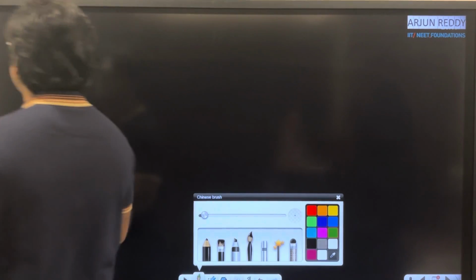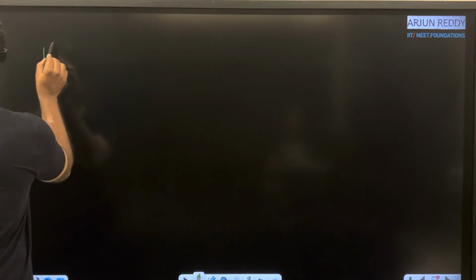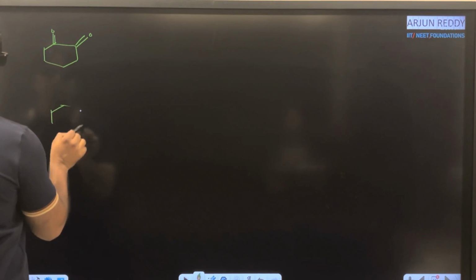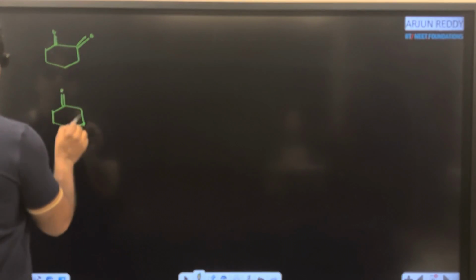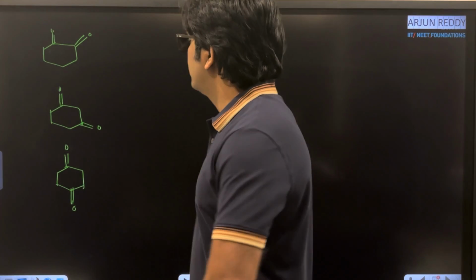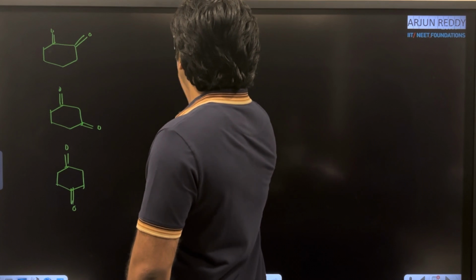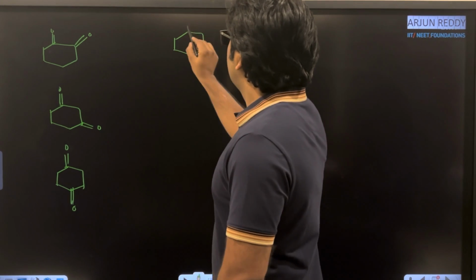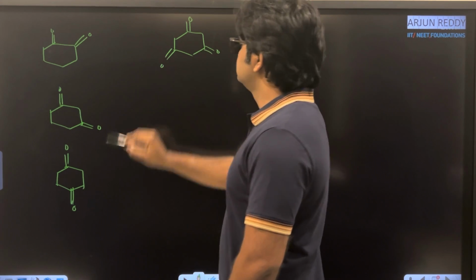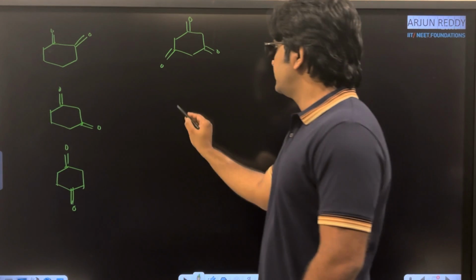Using a 6-member ring system, here I am taking 2 carbonyls like this, C double bond O and C double bond O, at the 1-2 position, and even sometimes they are giving 1-3 position and 1-4 position also, right? Next one we can write like this, double bond O and double bond O, triketone, right?